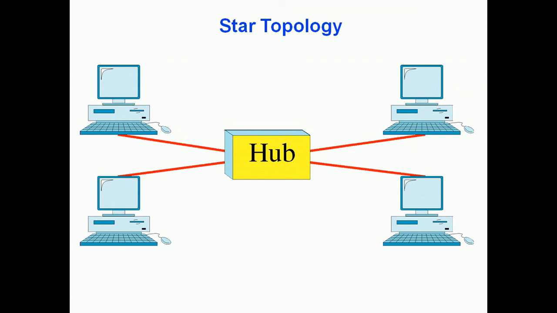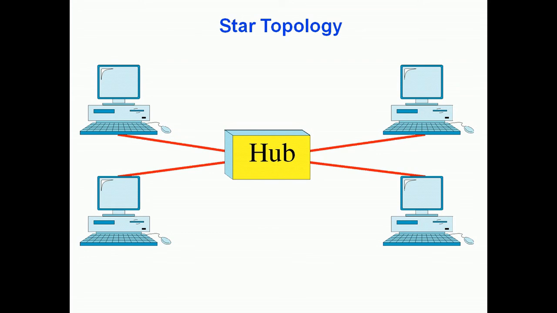If any device A wants to communicate with device B, that data goes through this hub. Means every data which we want to share from one computer to another will go through this hub.